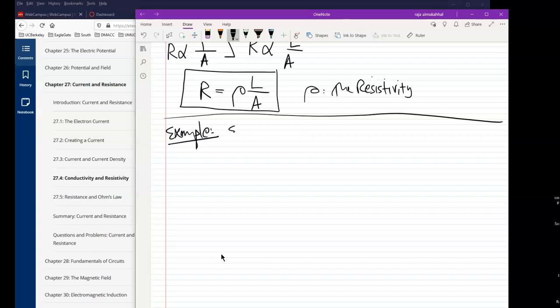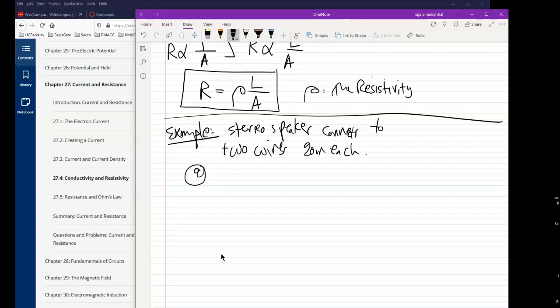I have a stereo speaker that connects to two wires, 20 meters each. I have A and B.